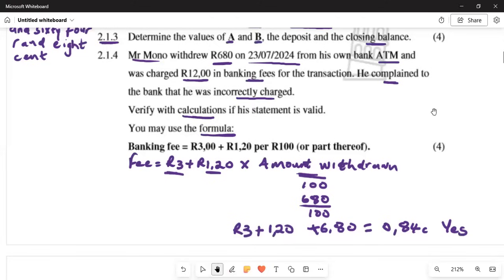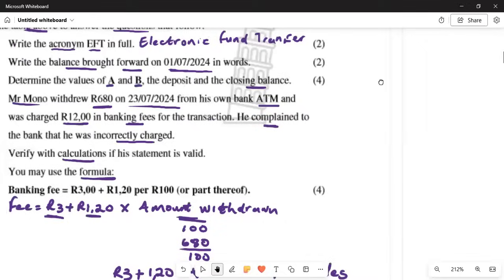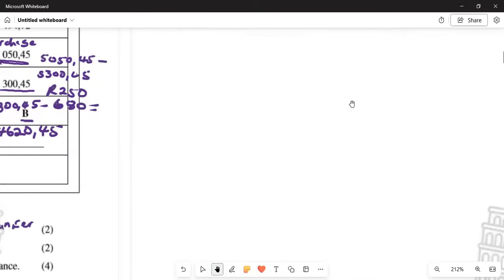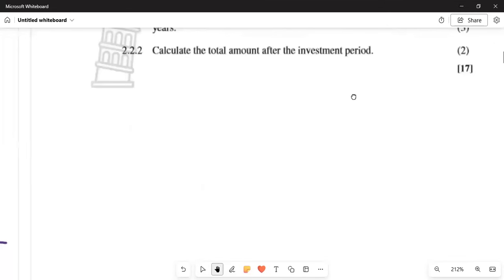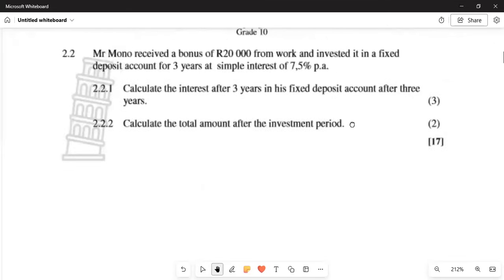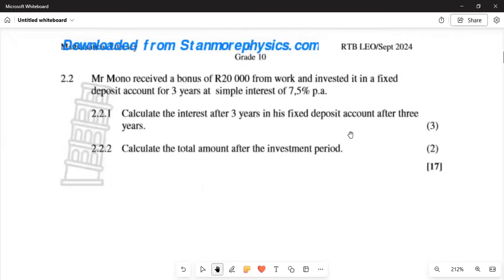All right. Then allow me to move on to the other questions. In this case, we are moving to 2.2. In 2.2, we have a statement.